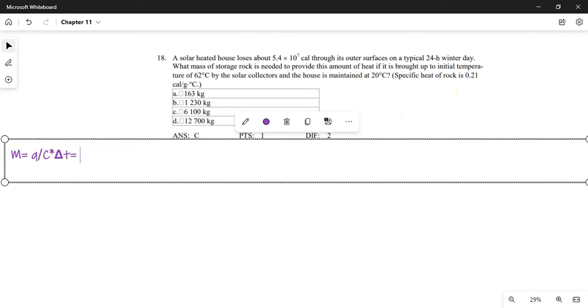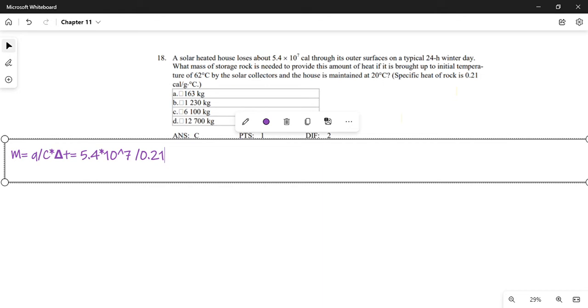Q here is 5.4 times 10 to the power 7 over the specific heat capacity, 0.21.